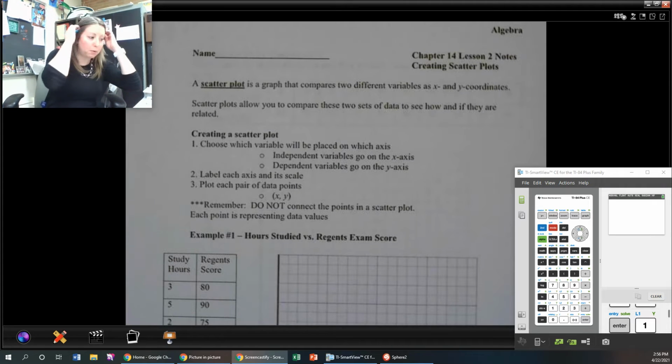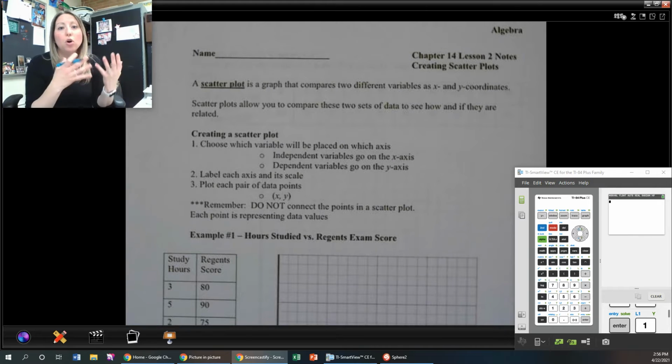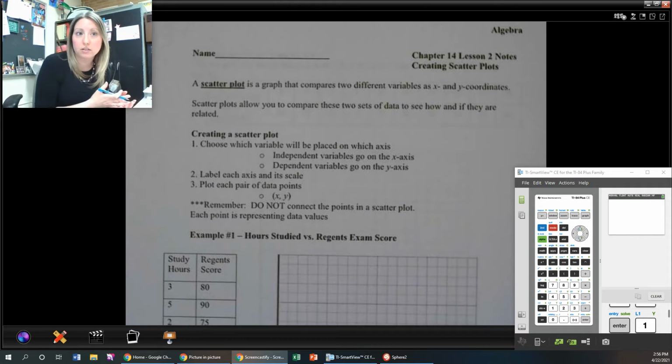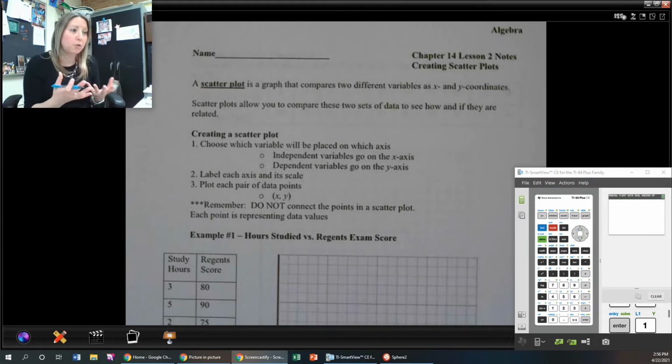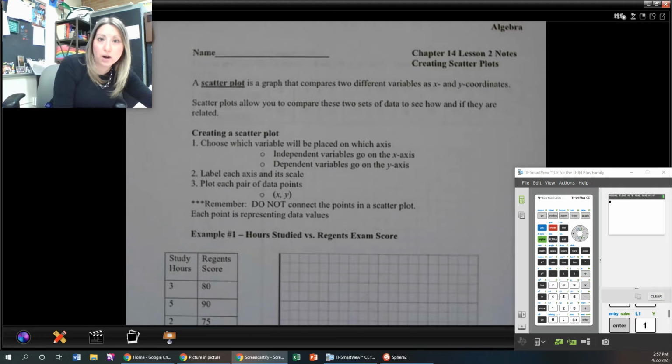Typically, the X variable represents the independent data, while the Y variable represents the dependent data. If you are looking at time and something else, the time is the independent variable, and that's how you know it's going on your X axis.